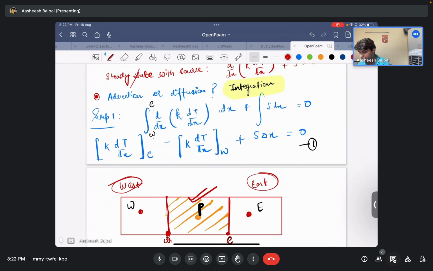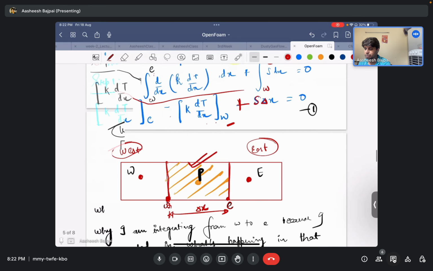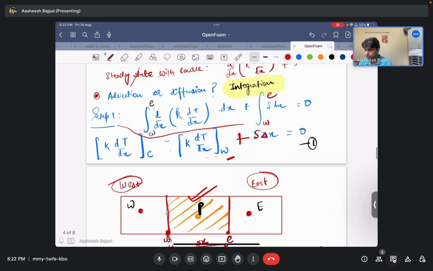What it will give is k dt over dx at east point, minus k dt over dx at west point, plus s delta x. So delta x means the grid spacing is delta x, because from west to east is delta x.